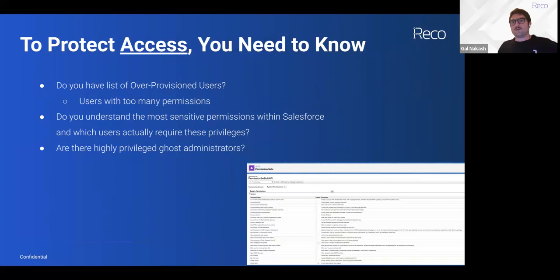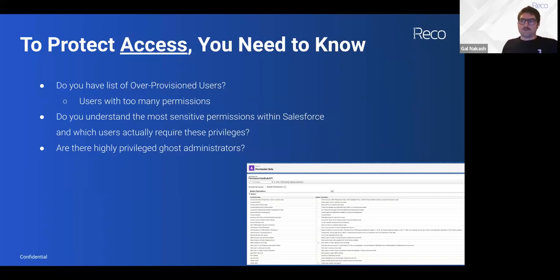And first and foremost, we want to limit the access into our Salesforce, the business critical platform. And to protect access, we need to operate on a least privileged data access model. There are some instances in which you want the Salesforce user to have access to all data by leveraging view all data or even modify all data.